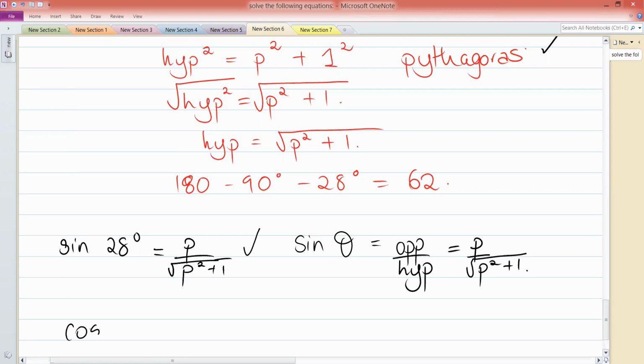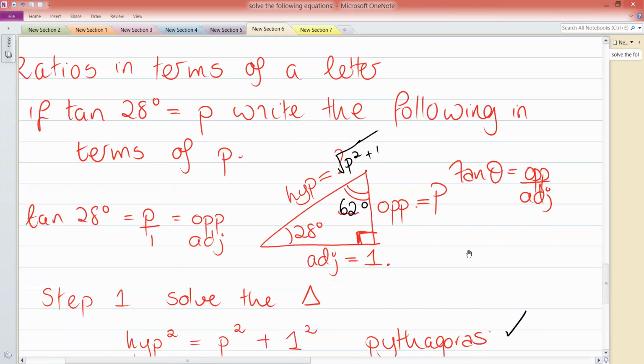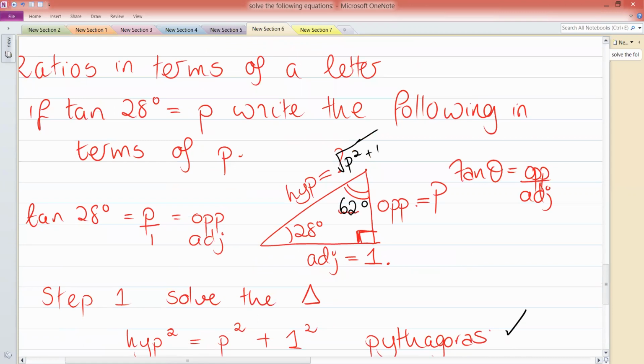So we've done sine 28. Let's do cos 62 degrees. Now, 2 ways of doing this. Either you could have done it like, remember we found the 62 here. So cos 62 is the adjacent side over the hypotenuse. The side that's adjacent to 62 is what? Is P, right?